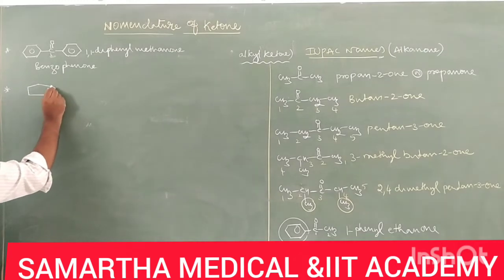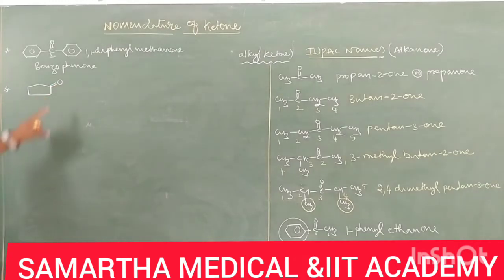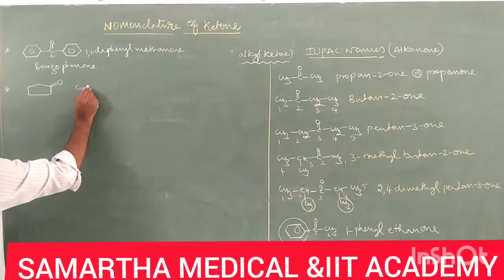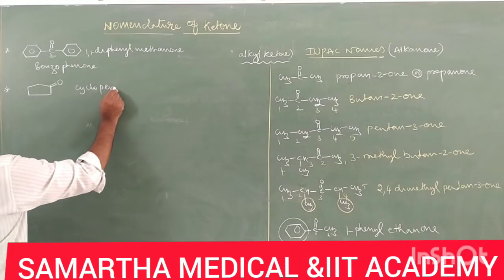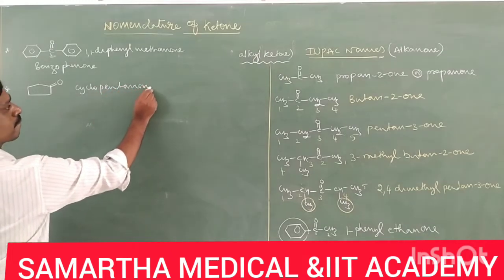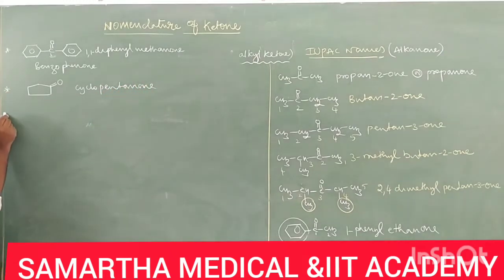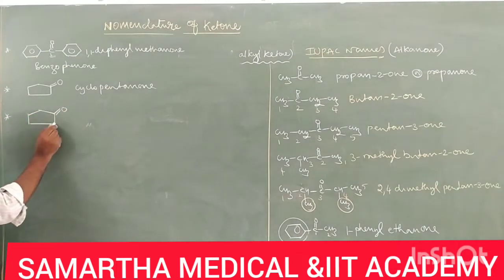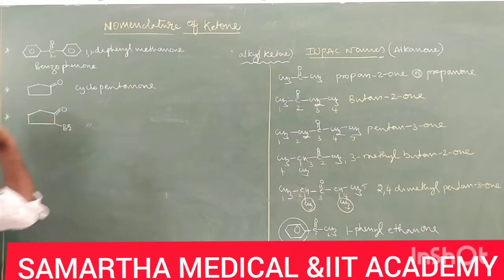Let us take this, a cyclopentane and ketone. Its IUPAC name is cyclopentanone. Suppose in the cyclopentanone there is a bromine substituent here, then in this case you should give the numbering.